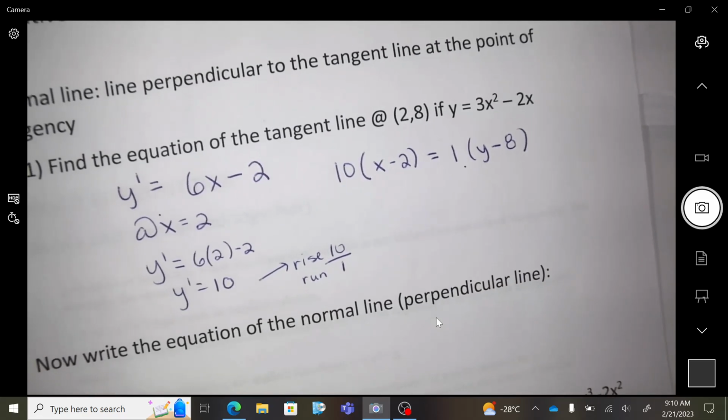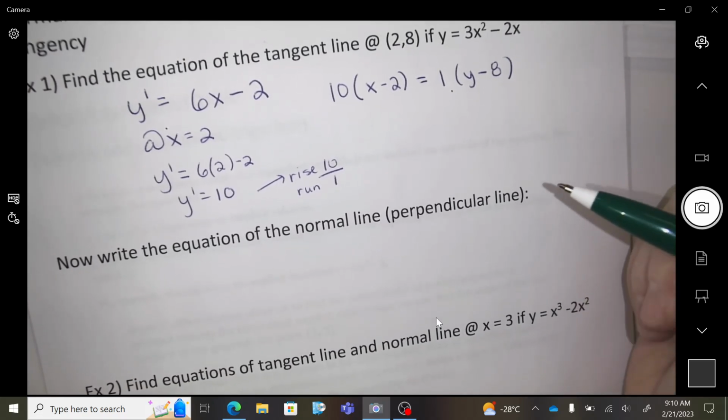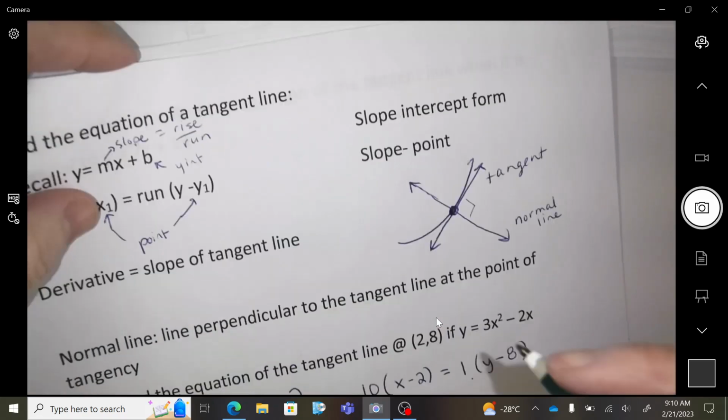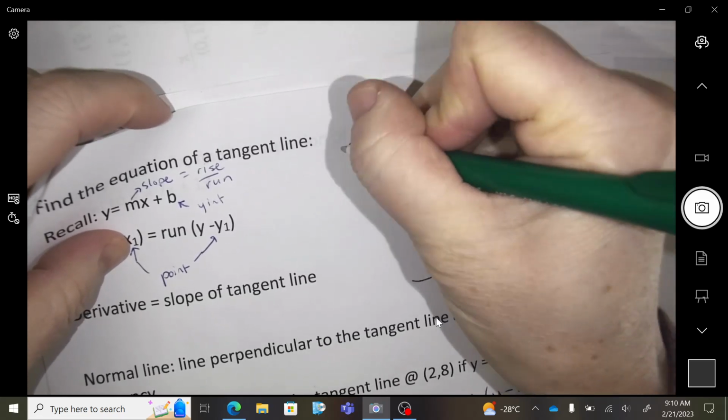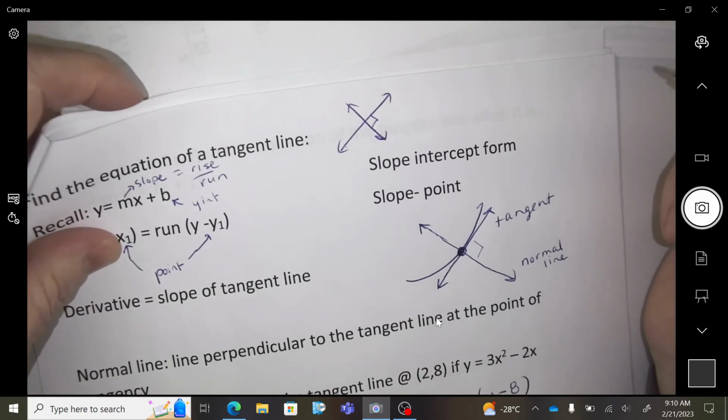Okay, then what is the normal line? So what is the relationship between the slopes of lines and their perpendiculars? Does anybody remember the relationship? You did this in grade 10 as well.